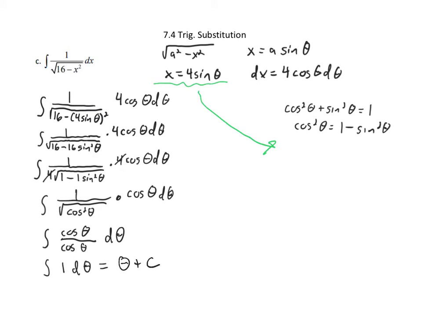So I'm going to slide that down here. If x equals 4 sine theta, we can divide by 4. x over 4 equals sine theta. Then we take the arc sine of each side to undo this.